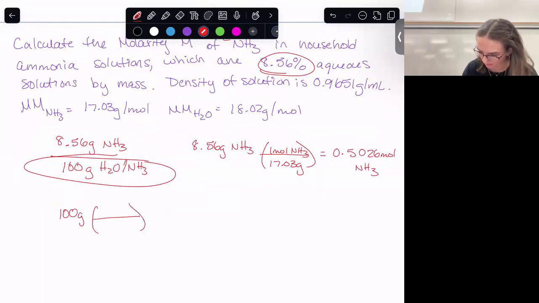We're going to use our density, 0.965 grams over 1 milliliter.